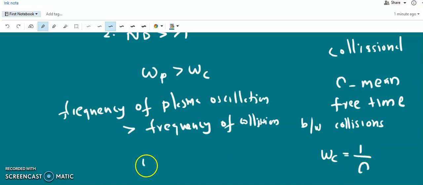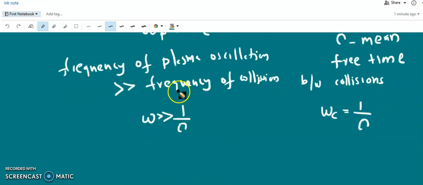Okay, substitute omega or omega p much greater than 1 over tau. The frequency of plasma oscillation will be much greater than the frequency of collision for an ionized gas to be a plasma. So omega tau is much greater than 1. So this is the third condition for an ionized gas to be a plasma.